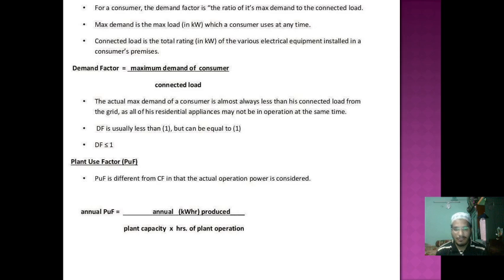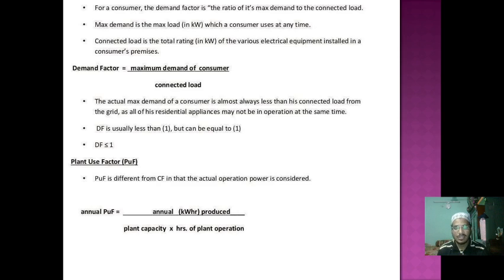If I am producing power from the starting year, from January to December, in that December how much energy I am producing, how much time the power plant takes, and how much the power plant capacity increases or decreases, whatever it may be. If we want to know about this, we can conclude the plant use factor.